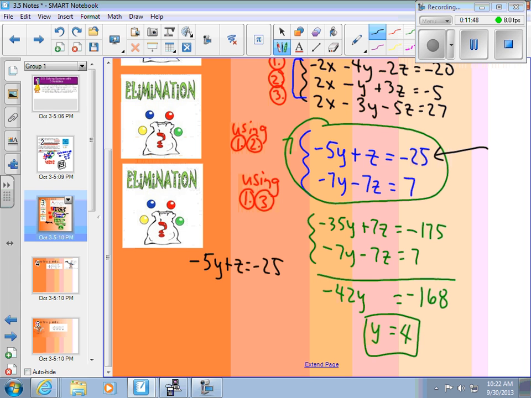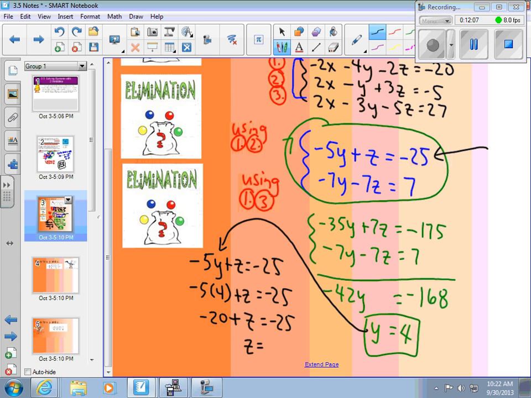That's the one we're using. If we substitute in 4, we can find z. So multiplying, you get negative 20 plus z equals negative 25. Add 20 to both sides, and we find out z is going to be negative 5.